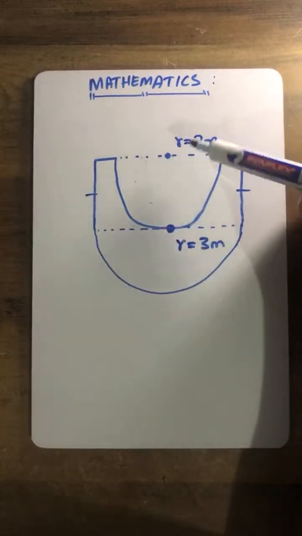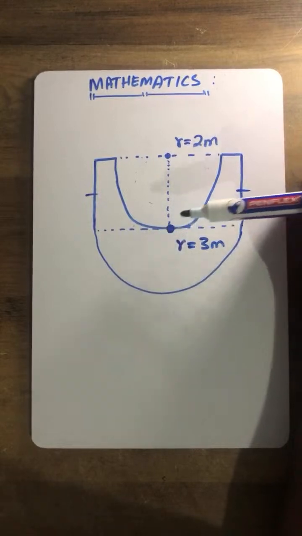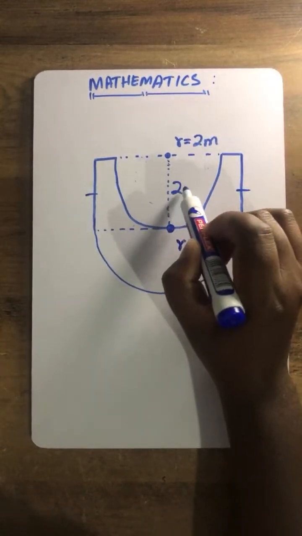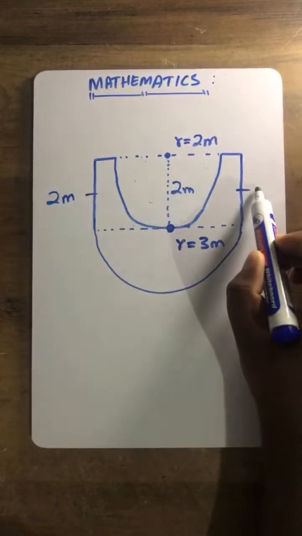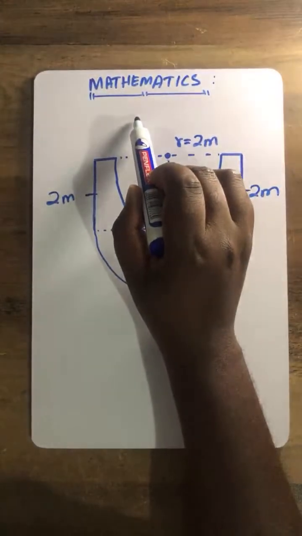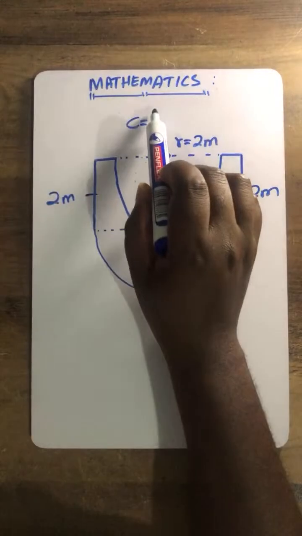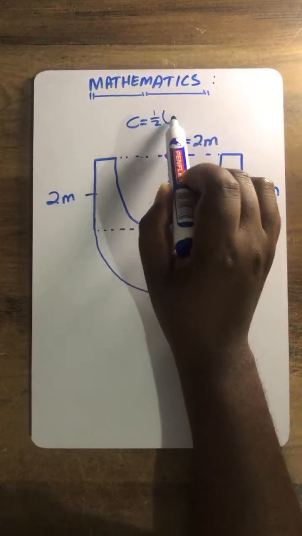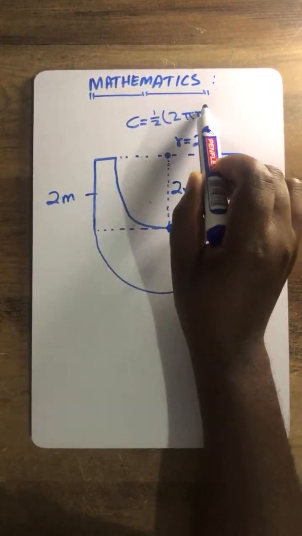So that means the radius, from there to there, is equal to 2 meter. So this side is also 2 meter, and this one is also 2 meter. So you can use that formula to calculate the circumference for half a circle, which is half into 2 pi r.